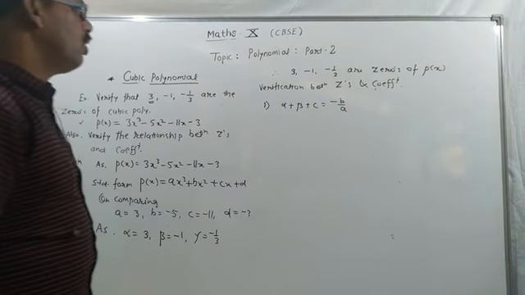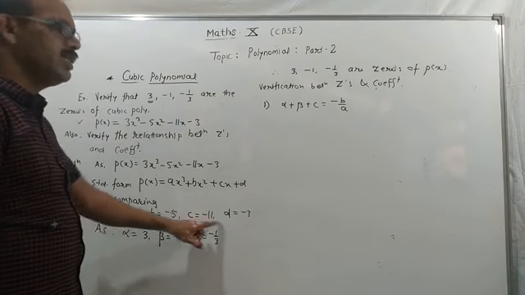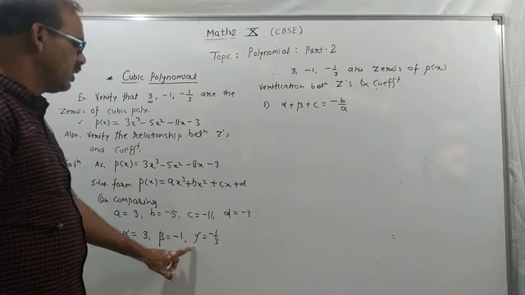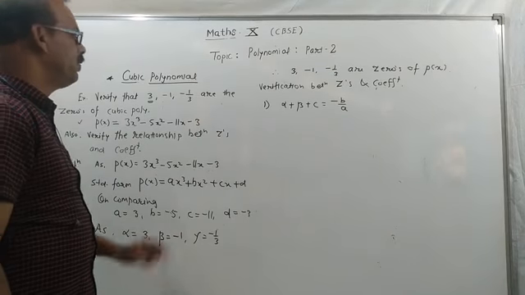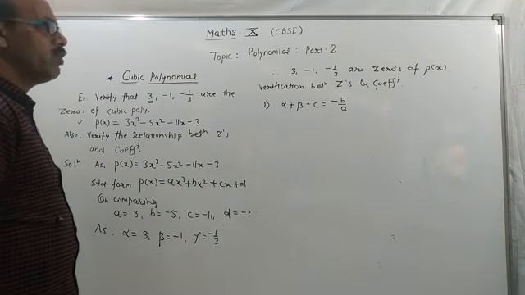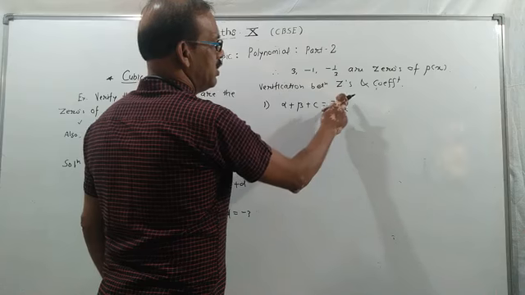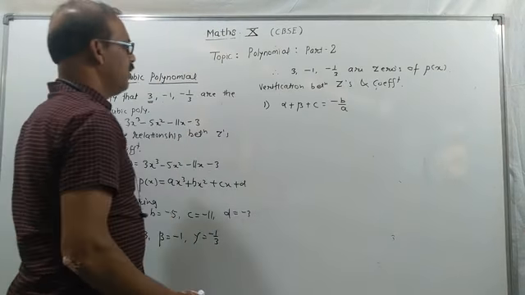We know the values of all coefficients, that is a, b, c, d. Also the zeros alpha, beta and gamma, which are already verified. These are the zeros of the given polynomial. Now we are going to substitute the values of alpha, beta, gamma as well as the coefficients directly. What is alpha?